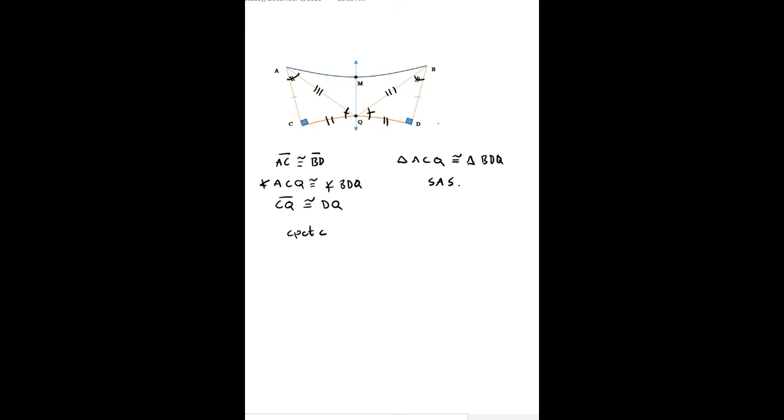Now that we have all of this new information, we're going to prove that the other two triangles, AMQ and BMQ, are congruent as well. So let's move to another page.